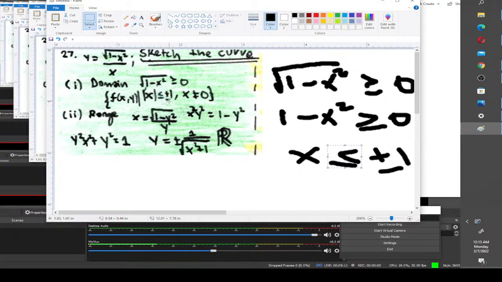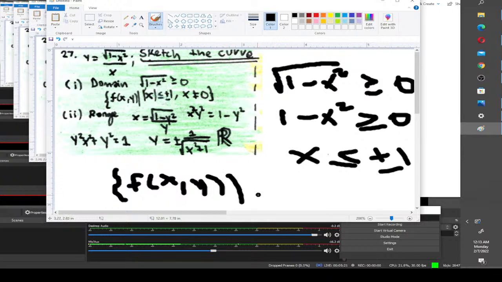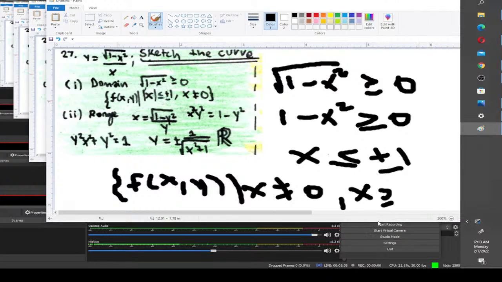So that's the same thing as saying, if you want to write in interval notation, and then x isn't equal to 0. This is set builder notation. My bad, I meant to use the other one. Let me fix that.